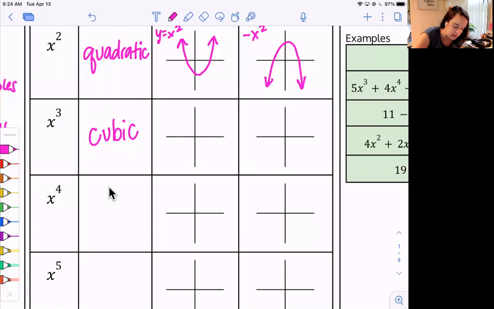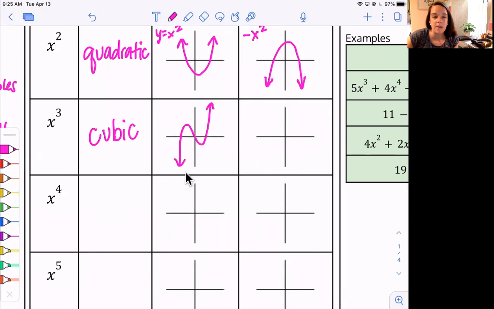Positive x to the third looks like this. It goes up. It's kind of flat, or it can go down, but the basic one goes like this. So that's x cubed. Today, we're also going to see some x cubed that looks like this. The same general shape, right?